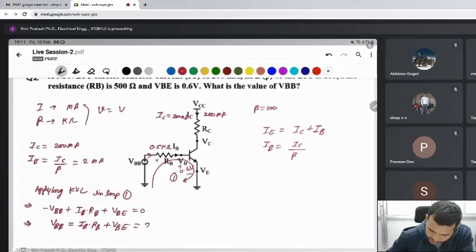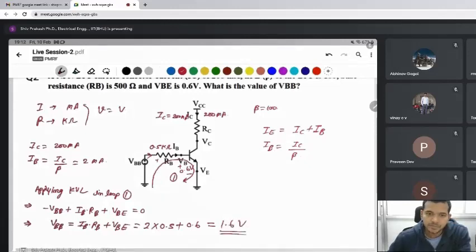IB is 2 milliampere, RB is 0.5 kilo ohm, plus VBE given 0.6 volt, and we easily find VBB is 1.6 volt. We should take current in milliampere and resistance in kilo ohm. Then we find everything easily. Calculation is also easy.